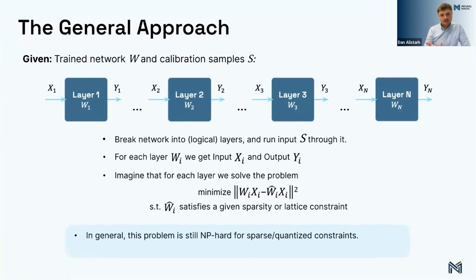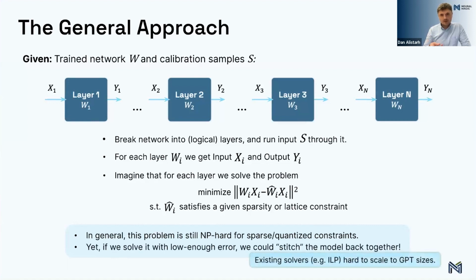This has simplified our problem because we have been able to break it into smaller ones, but this problem is still going to be NP-hard under sparsity or quantization constraints. However, the hope is that if we solve each individual subproblem with low enough error, we can stitch back together the quantized or pruned weights and still obtain a reasonable model.